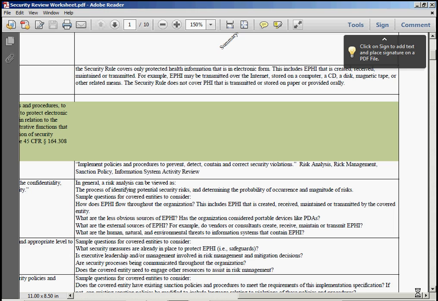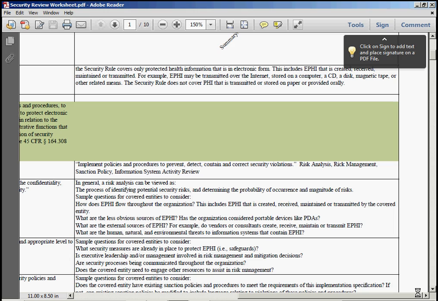Some sample questions you could ask yourself: does my EPHI flow throughout the organization? That means, does everybody in your office touch the EPHI in some way? If you have an electronic medical record system, that's probably true. They're built for information to flow through your network, your organization, from the check-in through patient care through billing.